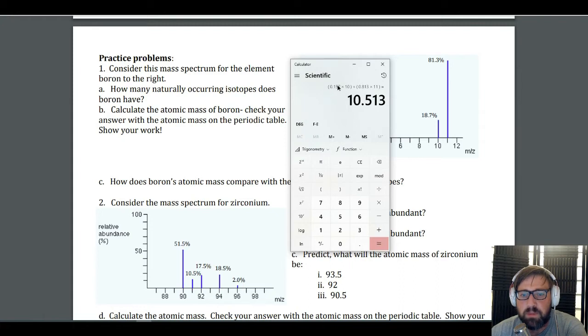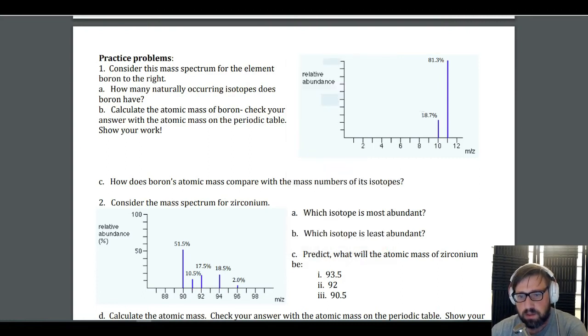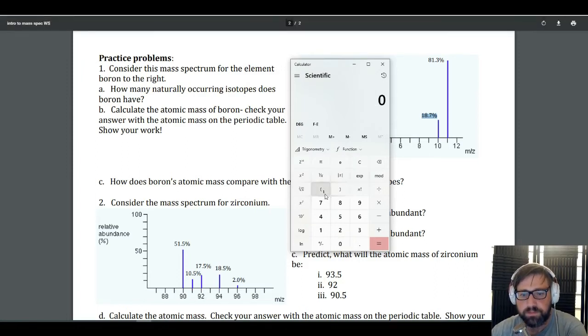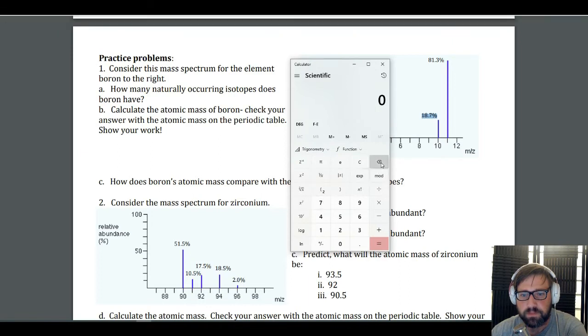Oh, I messed this up here. Let me redo this. So 18.7 is 0.187. Okay. 0.187 times 10.